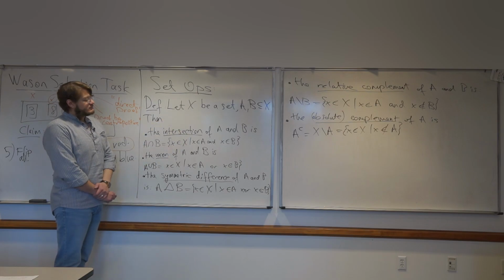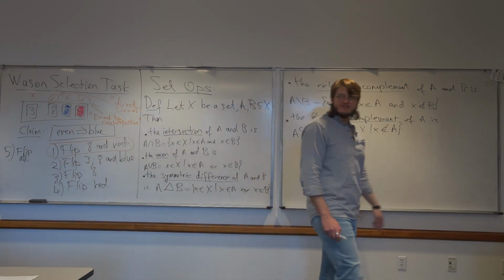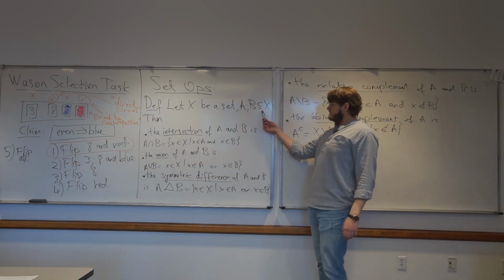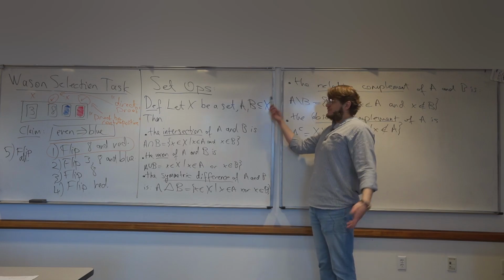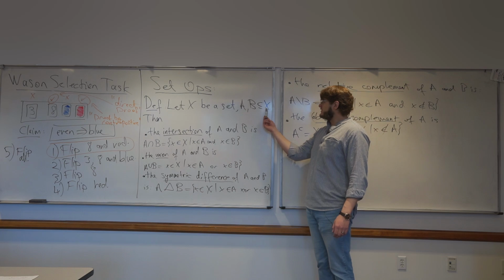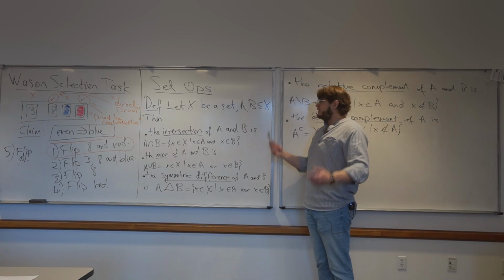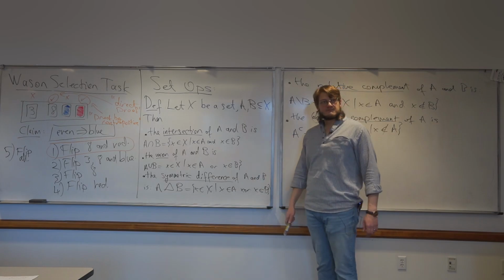Let X be a set, and A, B be subsets of X. Let's remember from yesterday, this is a notation, an abbreviation if you want, for the statement that A is a subset of X and B is a subset of X. Instead of writing that out explicitly, I just write this.